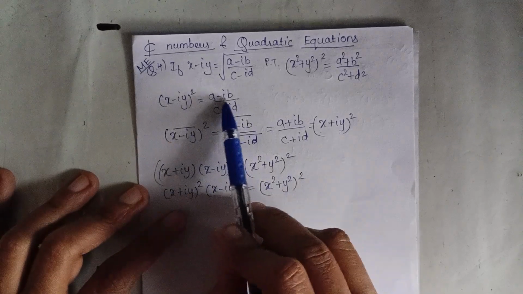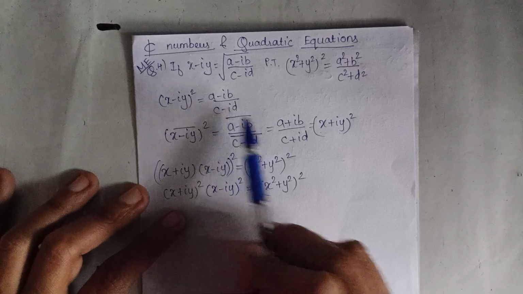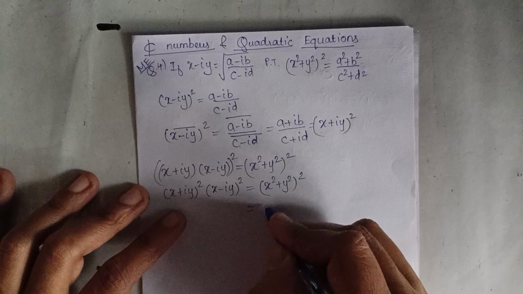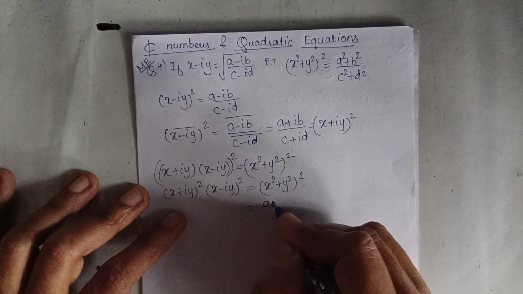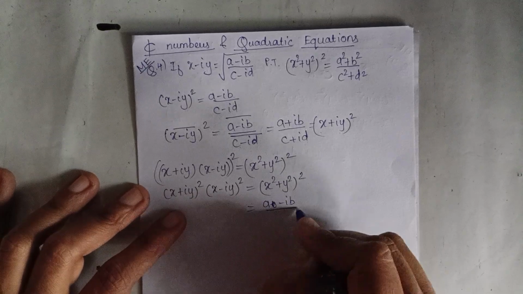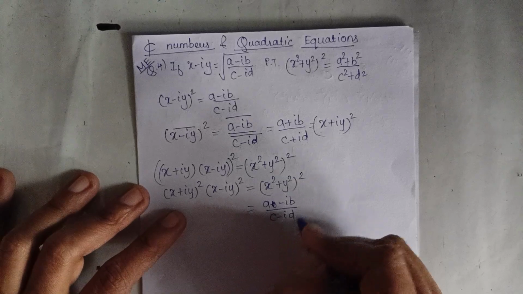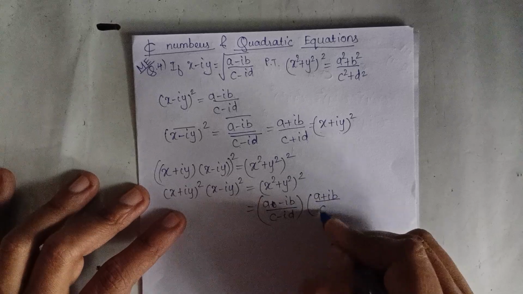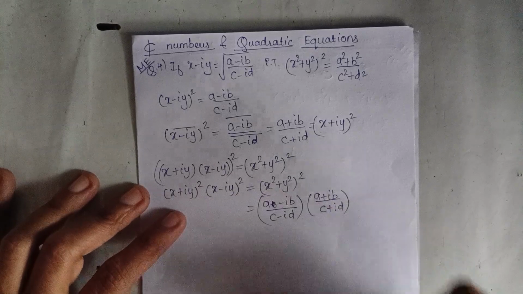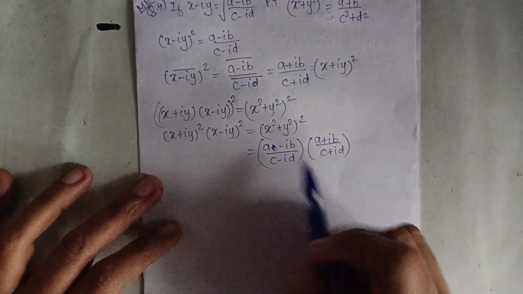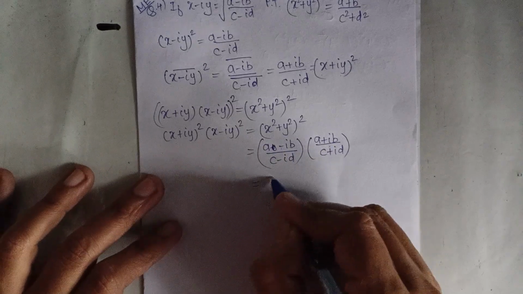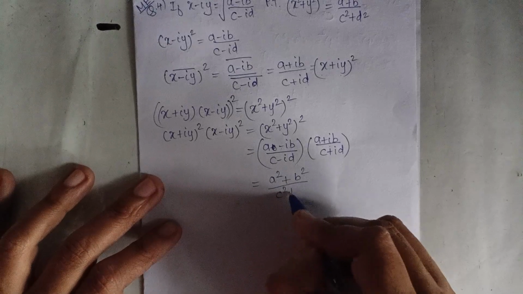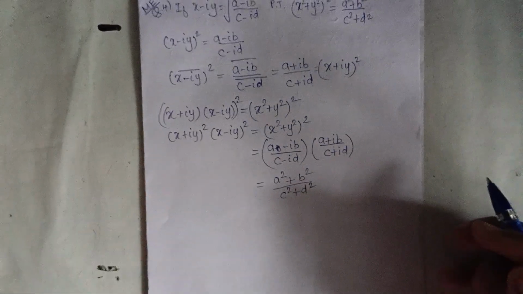So multiply (a minus ib)/(c minus id) with (a plus ib)/(c plus id). Multiplying by its conjugate, you will get (a square plus b square) upon (c square plus d square). This is what we wanted.